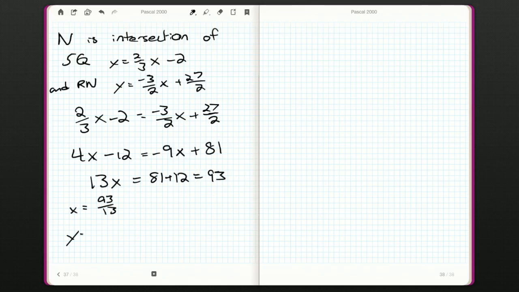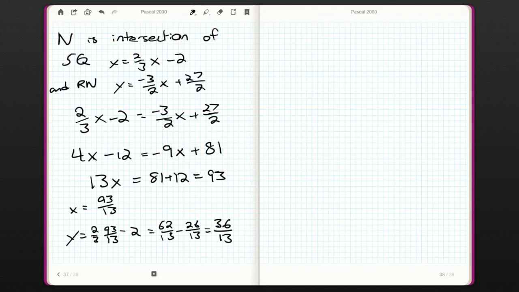And then y is going to be equal to 2/3 of 93 over 13 minus 2, which is 31, so 62 over 13 minus 26 over 13, and we're going to get, I think, 36 over 13. 62 minus 26, yeah, 36.